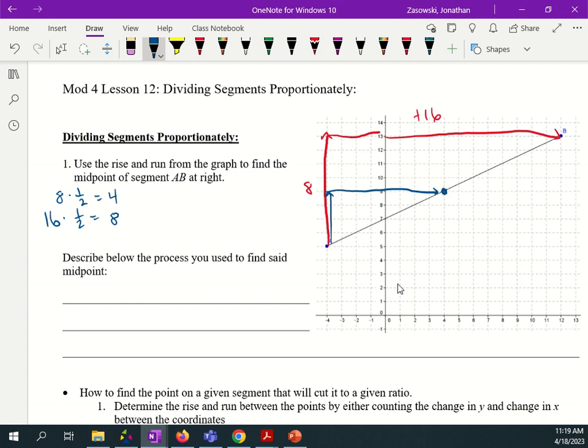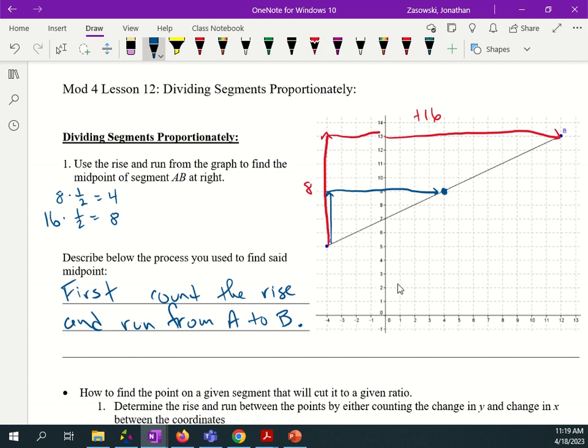Okay? So what was the process that we used? The first thing we did was, okay, so count the rise and run. We'll say from A to B. Okay, and then what did we do?